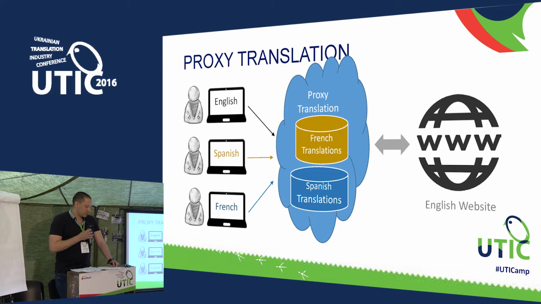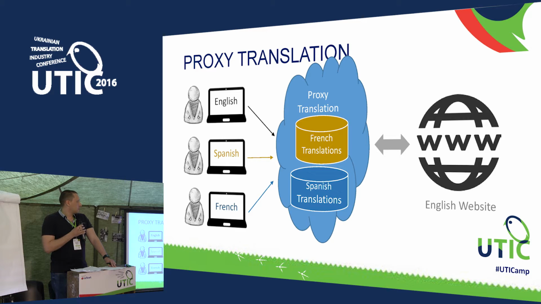A proxy is configured between the end user and the website. When the end user sends a request to the website for a target language, for example Spanish, and tries to load a page, the proxy catches this request, loads the master page, identifies the language requested by the client, and on the fly applies the translation to the page and returns the translated page to the client.